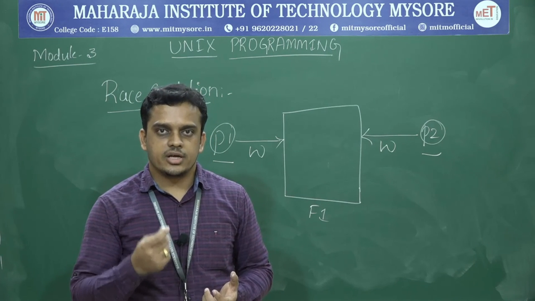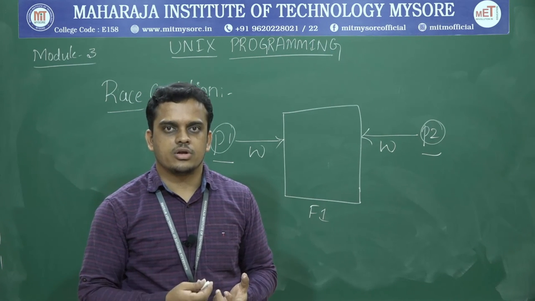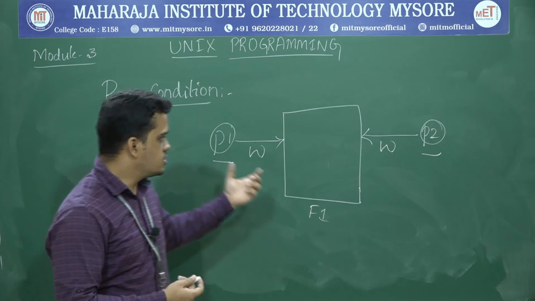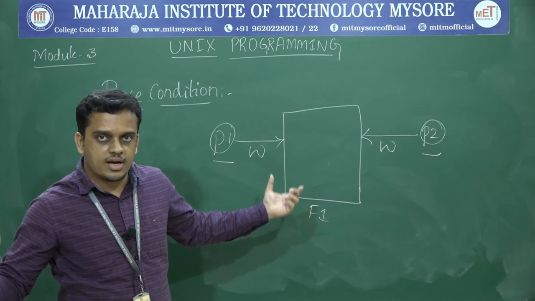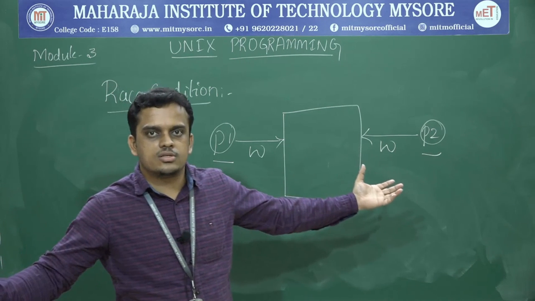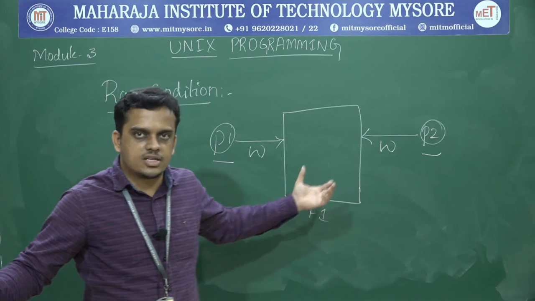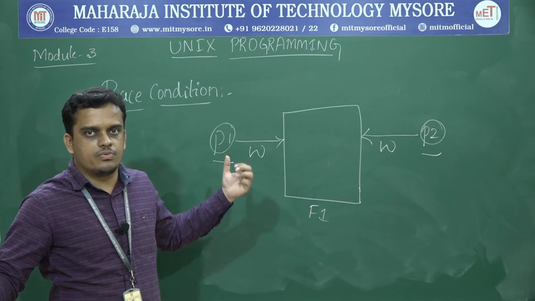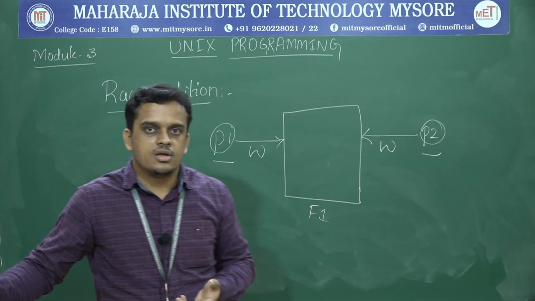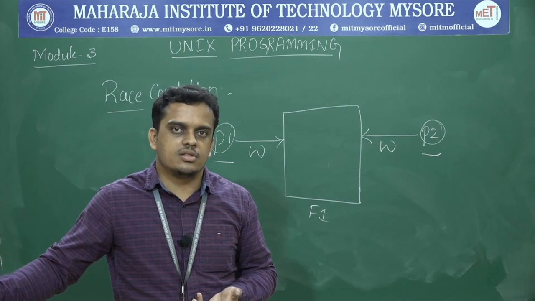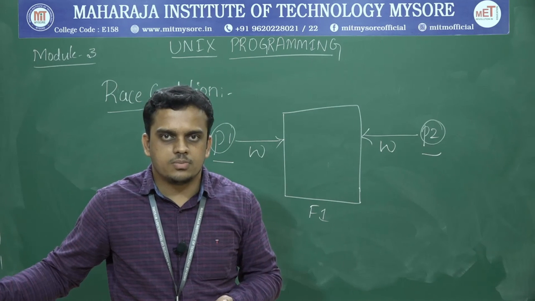Hence there is a requirement for synchronization between the processes. That is, let process P1 complete its task and then the chance is given to the second process, or else let the second process complete its task first and then the first process. If not, there exists an ambiguity with the data present, and this leads to a lot of different problems later.